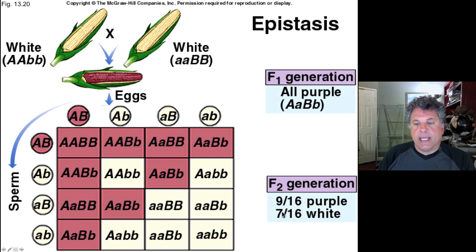We get a 9:7 ratio of purple to white. And this is readily understandable now by looking at the genotypes that are produced here. All you need to do to get a white phenotype is to be either homozygous for the small b allele or homozygous for the small a allele. And those situations would arise in 7/16 of the possible progeny genotypes.